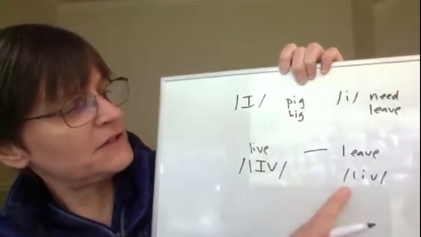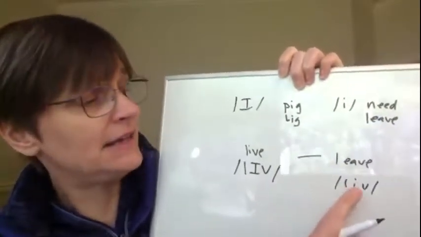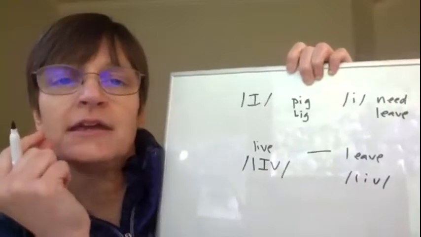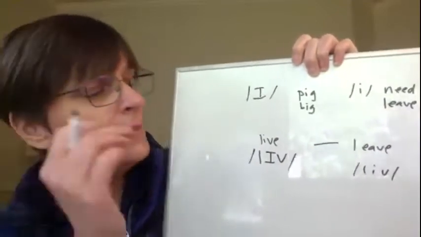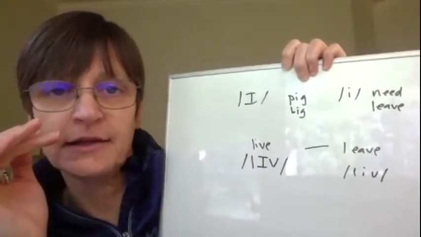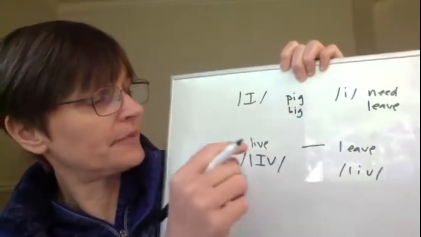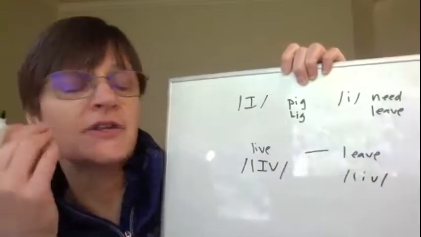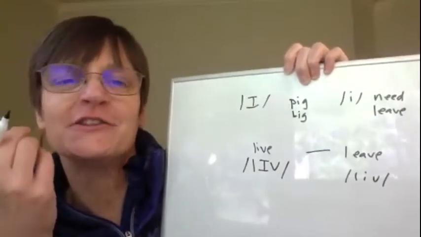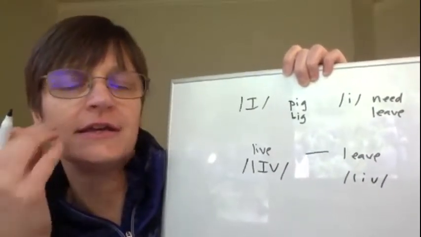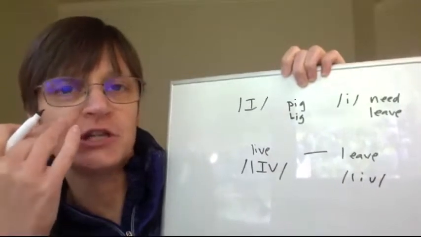And so the main difference between the I and the E is that the I is a lax vowel. My tongue is slightly lower when I produce this vowel sound, and my tongue is also lax, and it's pretty hard to feel that. So E versus I is not so easy to feel the distinction in my mouth.